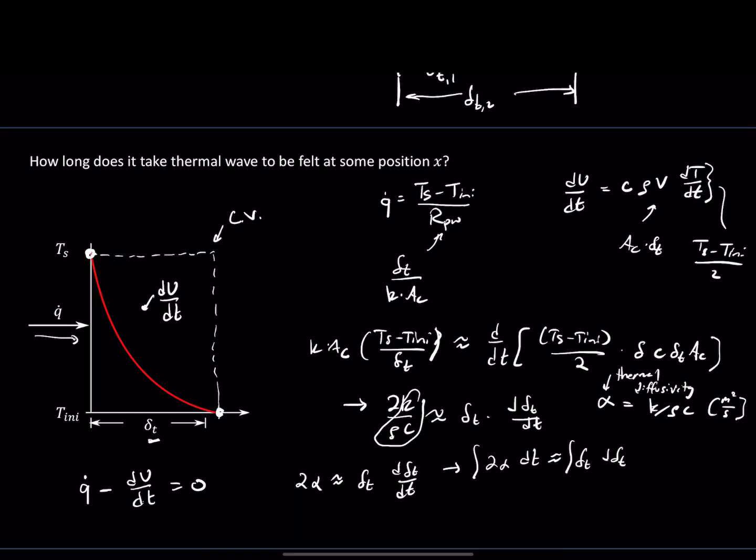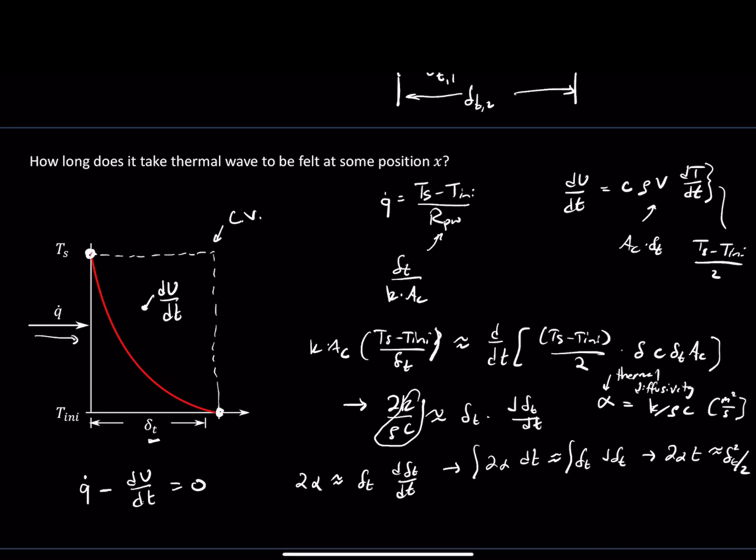I can integrate the left-hand side with respect to dt, and the right-hand side with respect to d delta T. And when I do that, I get 2 alpha T is approximately equal to delta squared T over 2.